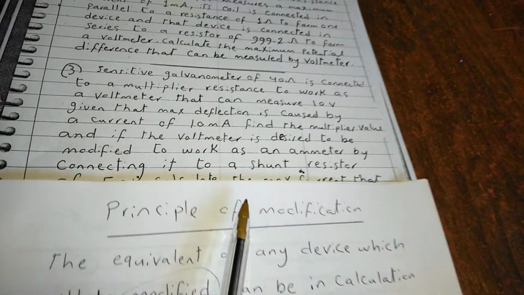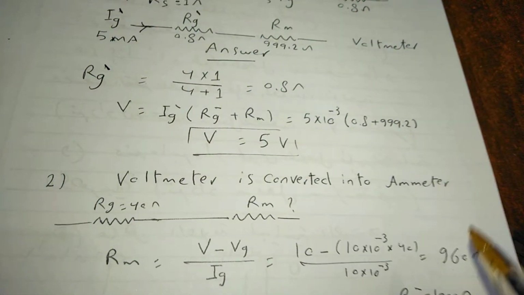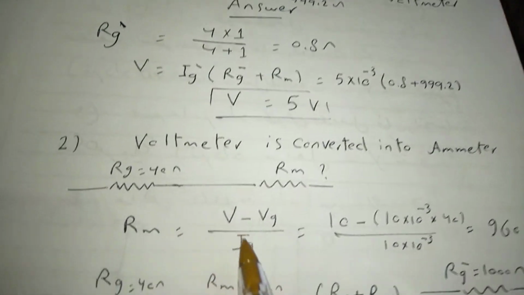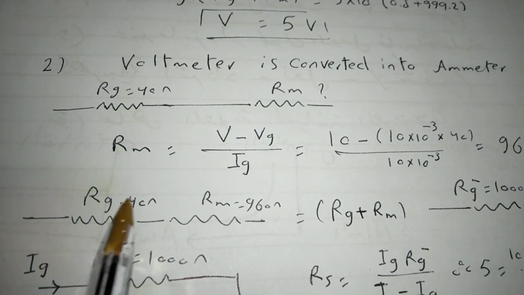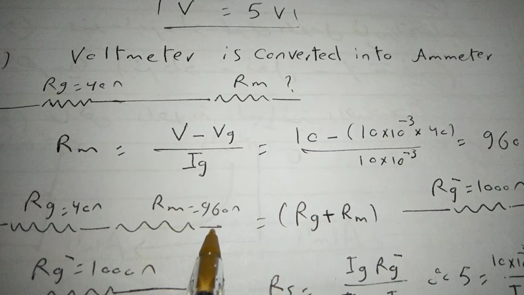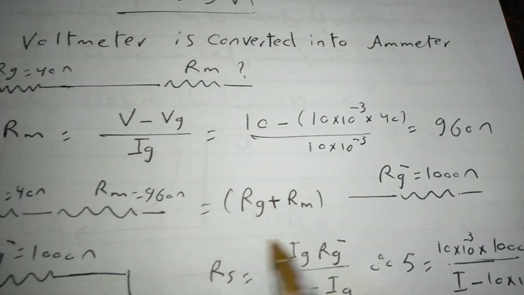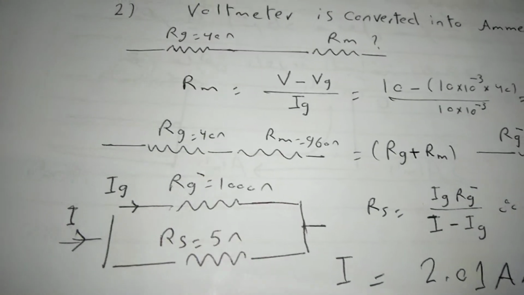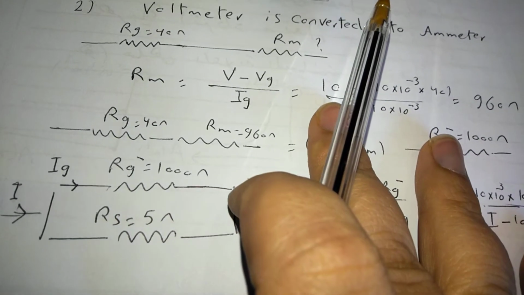Here we have to apply the modification principle. We have to collect the old device, 40 and 960, to make a new RG, which is connected in parallel to form a new ammeter. Understood my saying?